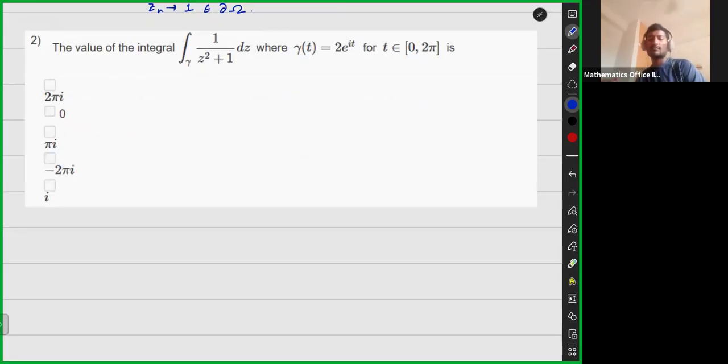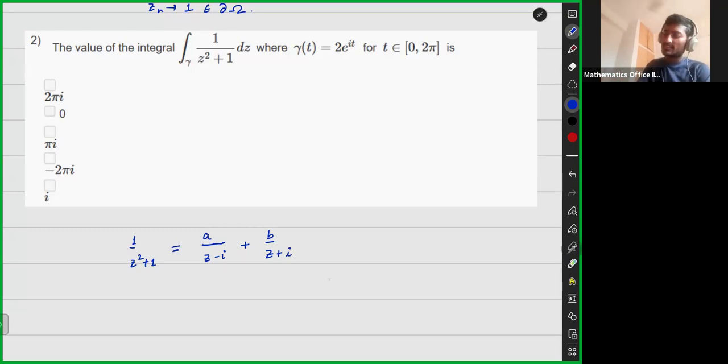The best thing, when you have a degree 2 polynomial in the denominator, is to factor it into degree 1 factors. So 1 upon z squared plus 1, you write this way: the factors of z squared plus 1 are z minus i and z plus i. So you write a by z minus i plus b by z plus i, and calculate the values of a and b.